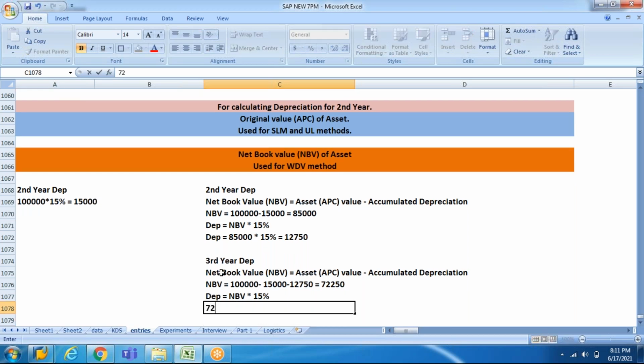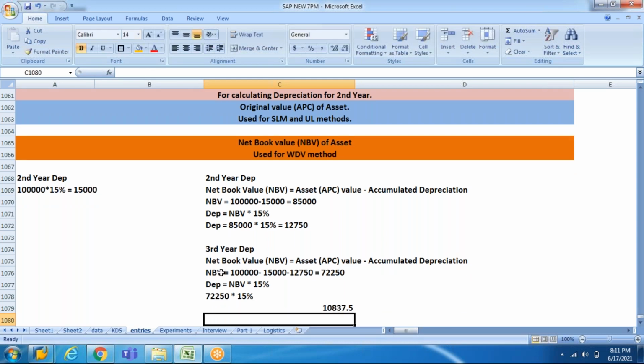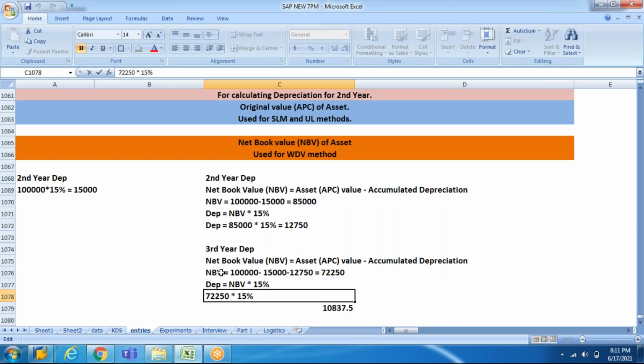So here 72,250 into 15 percentage. How will the system derive? It is equal to 72,250 into 15 percentage. How much did you get? 10,837.50. This will be the depreciation.